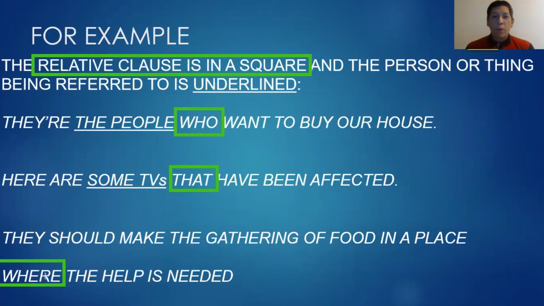Well, we're talking about where, so they should make the gathering is not referring to a place. Of food, that is an object. In a preposition, a is an article. So we have place. Very good. Place is the word that needs to be underlined, and where is the word that needs to be in a square, okay? Well, like a rectangle, I know, but it's supposed to be a square, okay?